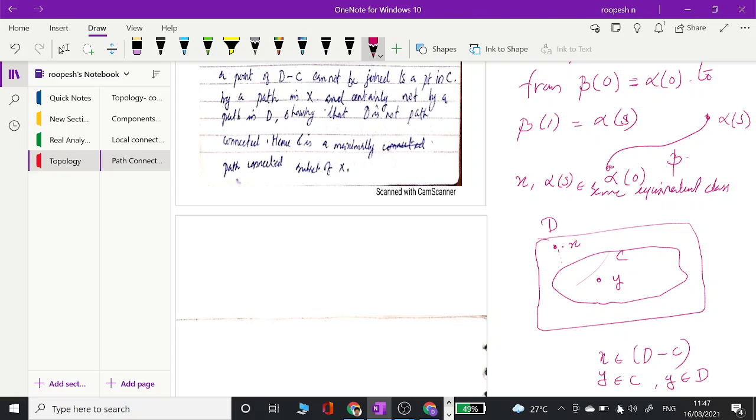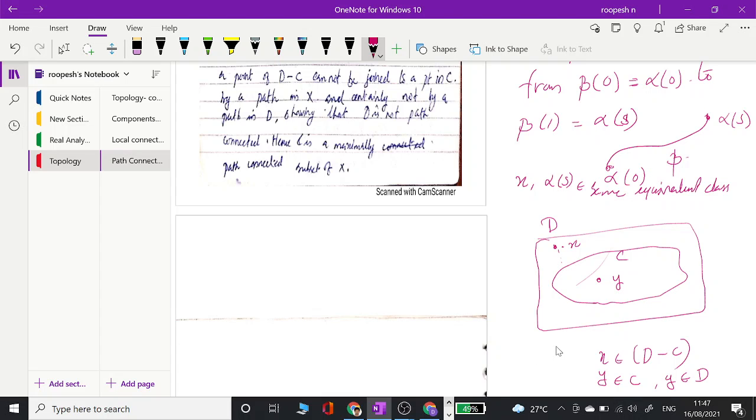So a point of D minus C cannot be joined to a point in C by a path in X, and certainly not by a path in D, showing that D is not path connected. So what have we assumed? We have assumed that D is a superset of C, but what we are getting is that D is not path connected. Hence, C is a maximal path connected subset of X.